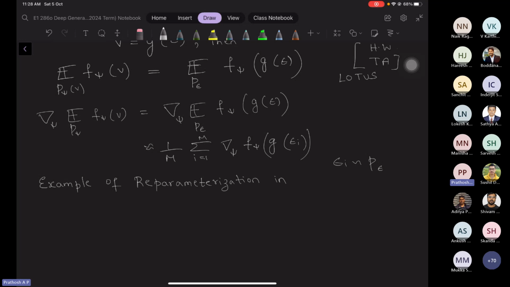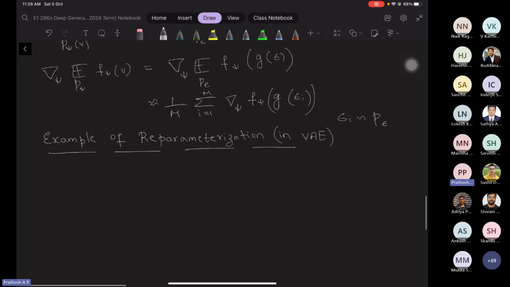In VAE, particularly in VAE. This reparameterization is independent of VAE. It's a general probabilistic technique, but I'll show you an example with VAE.